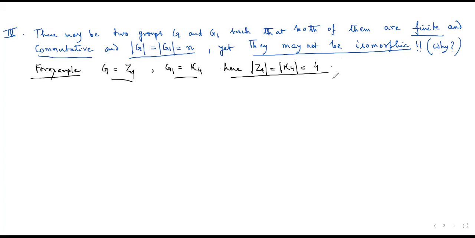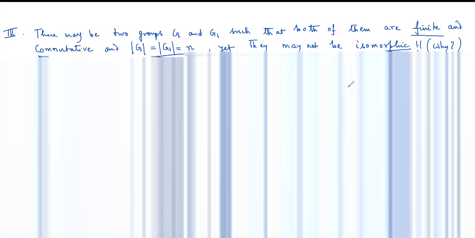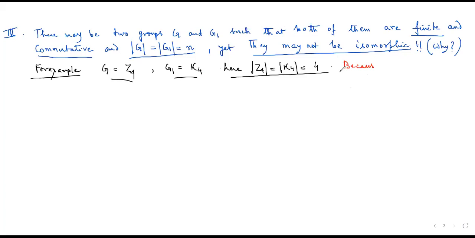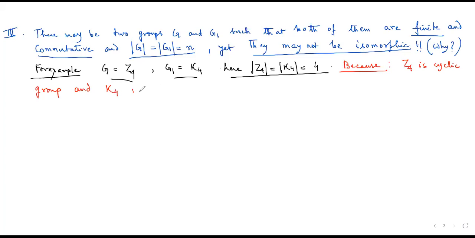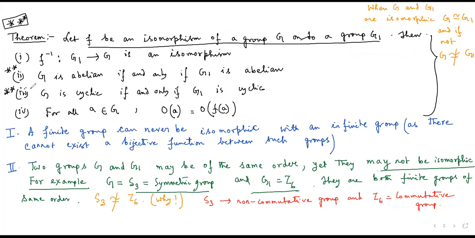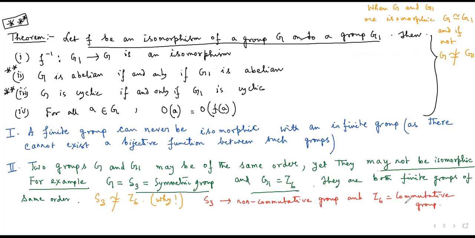Why? What is the problem? What is the barrier now? Now the barrier is because Z4 is a cyclic group and Klein 4 is a non-cyclic group. This is the barrier. Because in theorem statement 3, it was written that if there is an isomorphism between the groups, if one group is cyclic, then the other must be cyclic.